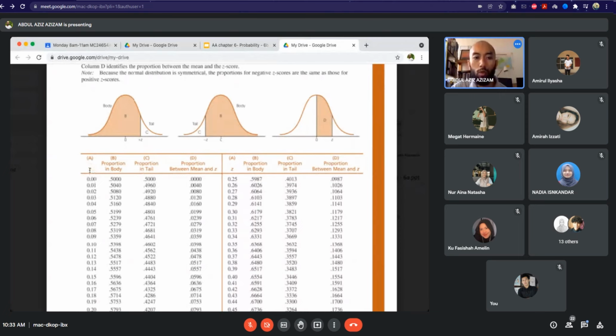Kolom B, okay, kalau you nak cari kawasan body. Kalau you nak tengok tail, kita ambil proportion kepada section C. This one C lah, tail. Kalau you nak tengok in between sama ada body dengan tail, kita ambil D. Dekat D ni. Faham tak? Okay.